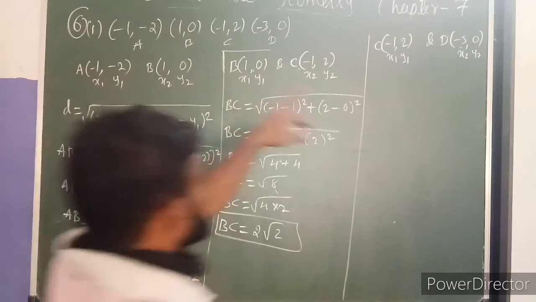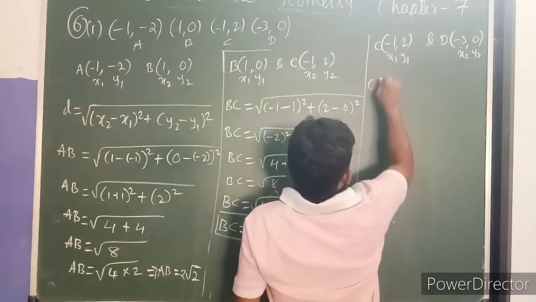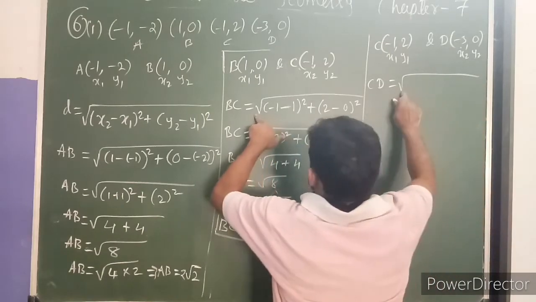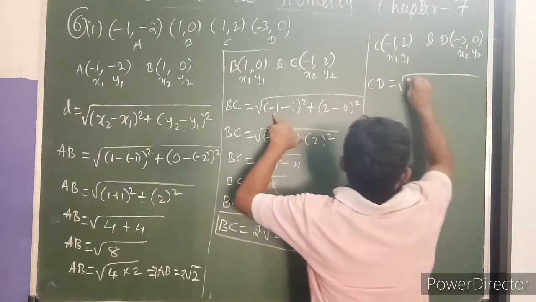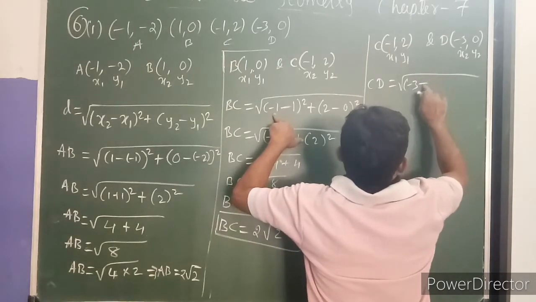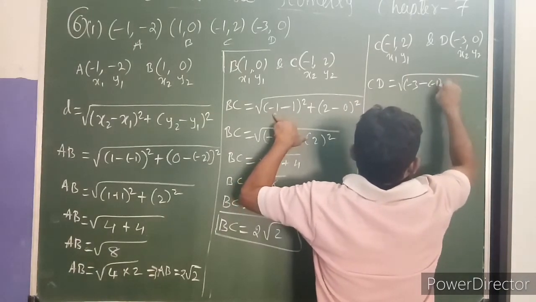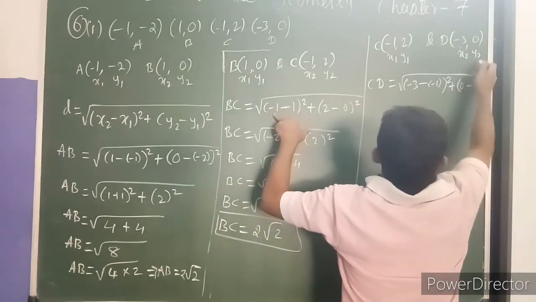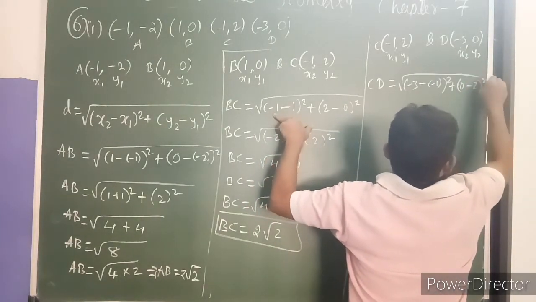And I will put it in the distance formula. Directly I put under root x2 minus x1 whole square, x2 is minus 3 minus x1, which is minus 1, whole square, plus y2 is 0 minus y1, that is 2, whole square.